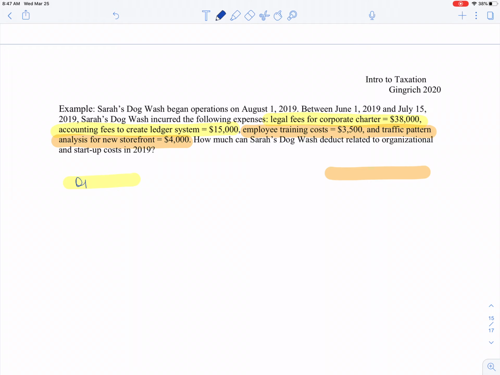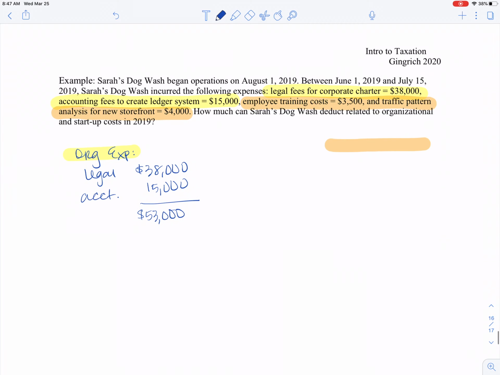So the organizational expenditures, we had the legal fees, $38,000, and the accounting, $15,000. So our total organizational expenditures are $53,000. We can see that we're $3,000 over the $50,000 threshold.